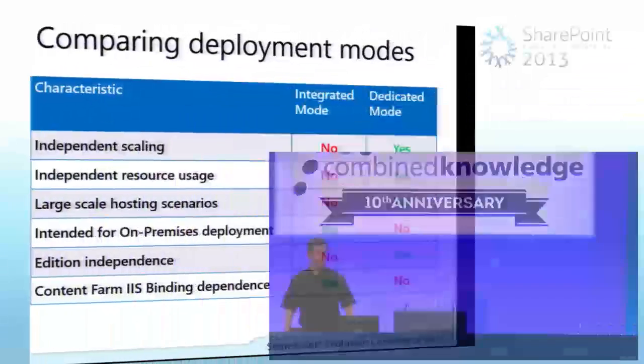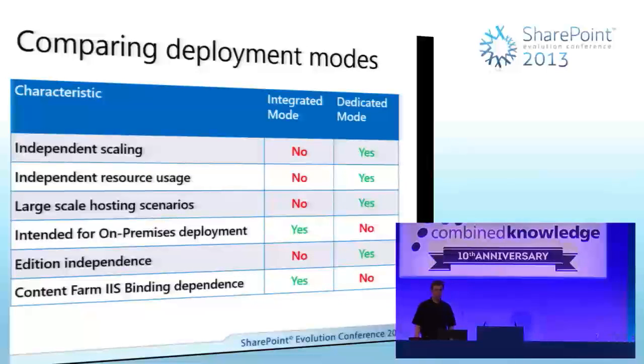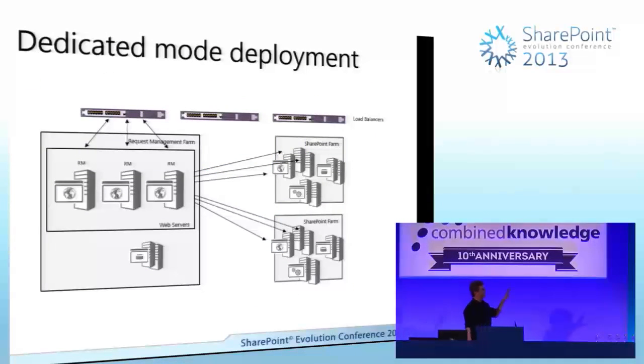Obviously, the same is true for how much CPU and memory and so forth those machines have. We can also, in this type of world, have the request management farm running SharePoint Foundation, but the other farms may be running standard enterprise.